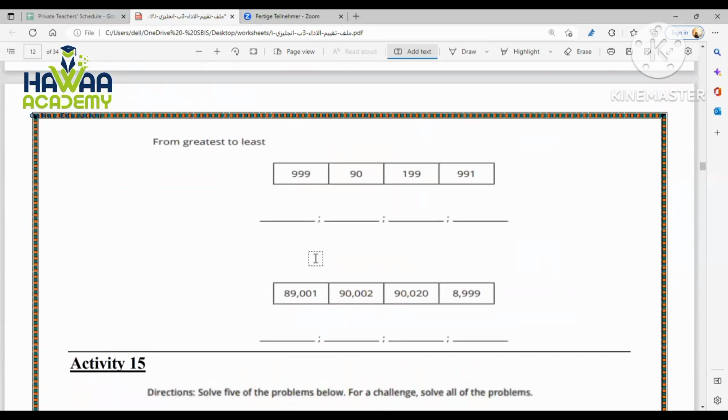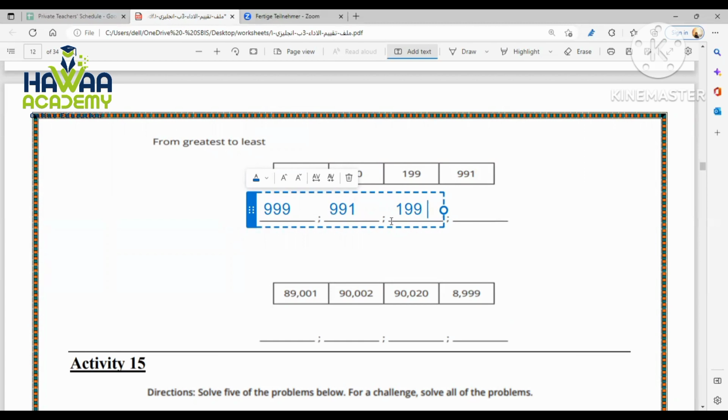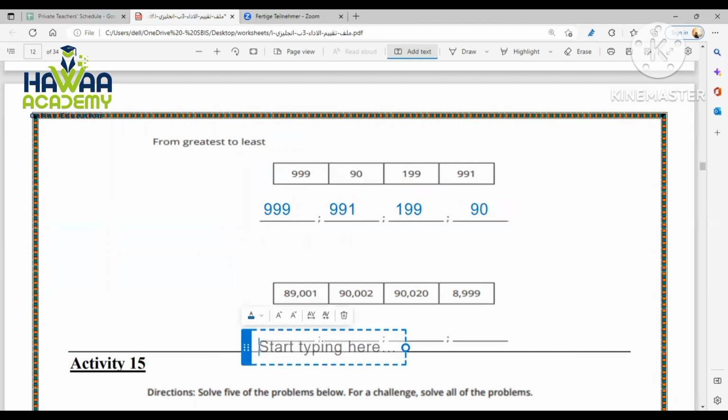Now we need to arrange the numbers from the greatest number. So obviously we have 999, and then 991, 199, and the smallest number here is 90. Here, let's arrange them.